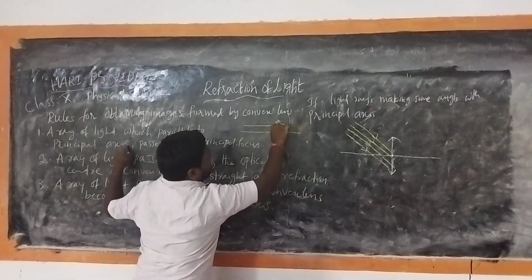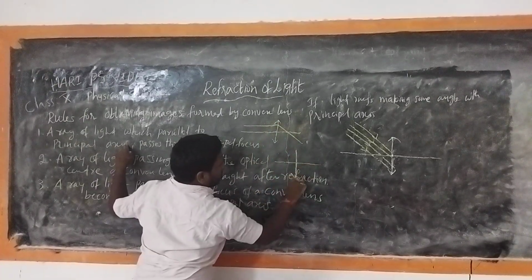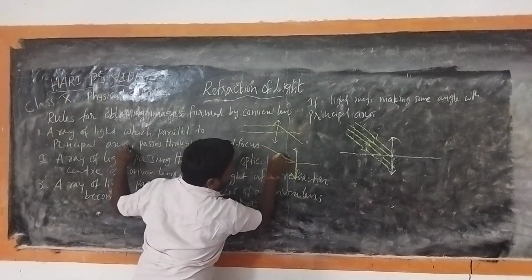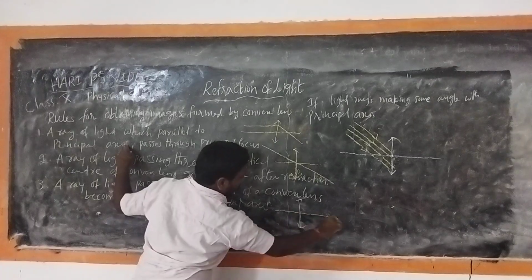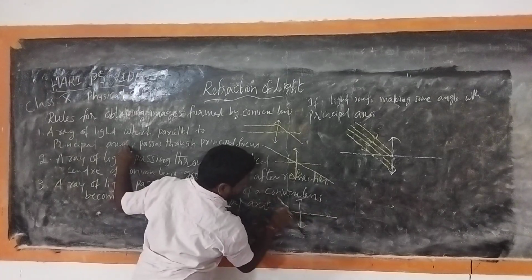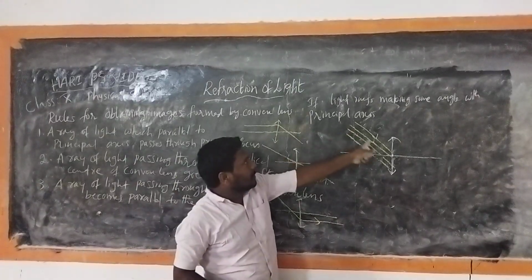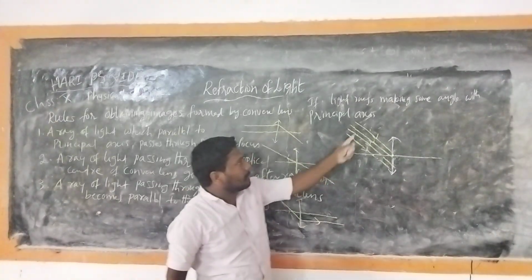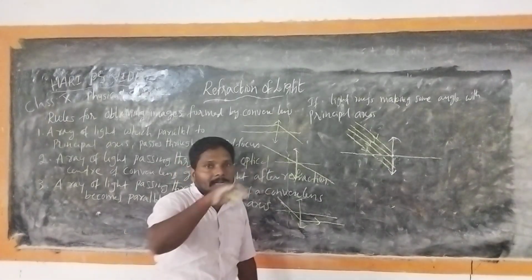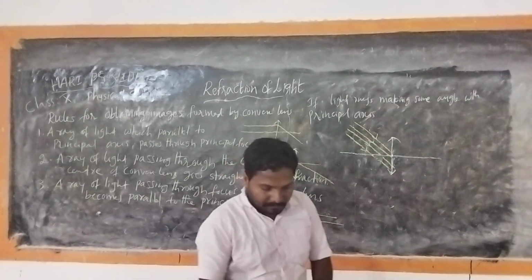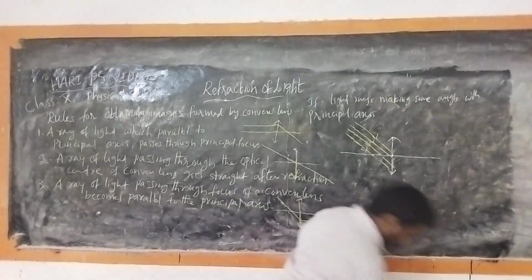A ray parallel to the principal axis passes through the focus. If it goes through the optic center, it moves straight; if through the focus, it goes parallel to the principal axis. The special case: if the parallel light rays make some angle with the principal axis and are incident on the convex lens, what will happen?